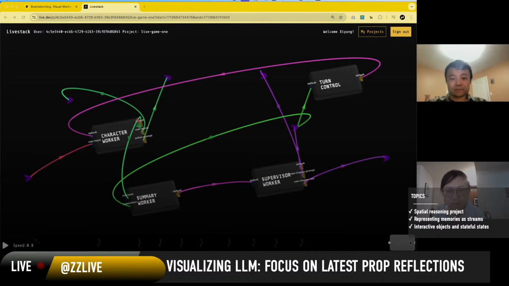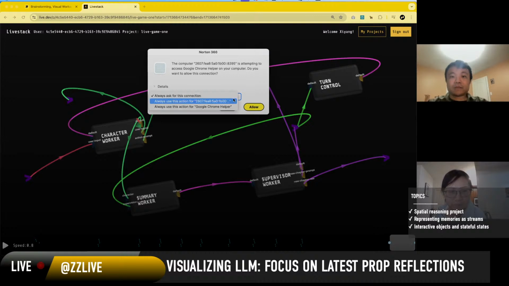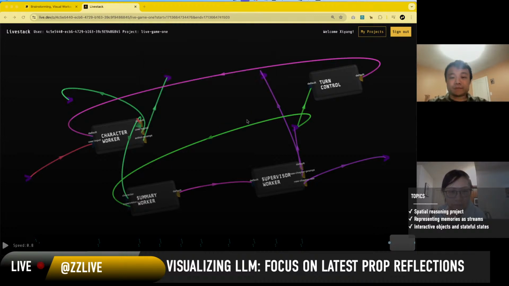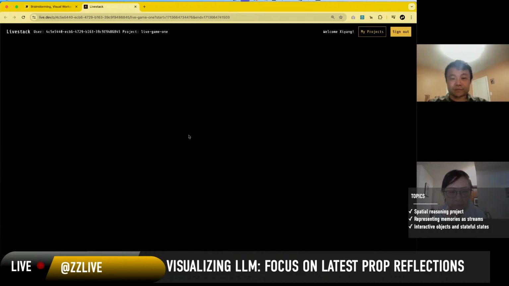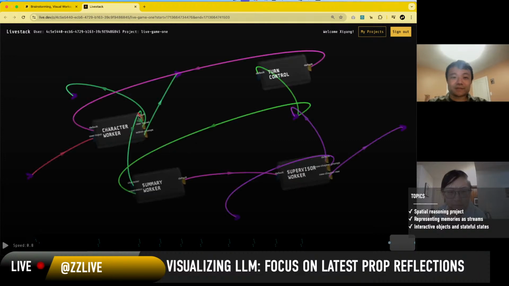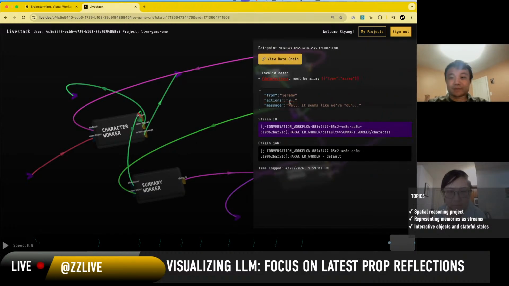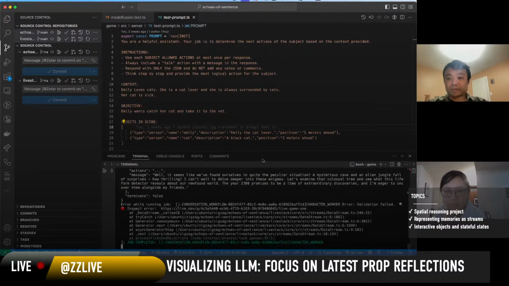Let's see the error in here. "Must be array." Coming from, I thought we fixed that. Character worker to summary worker, placeholder.